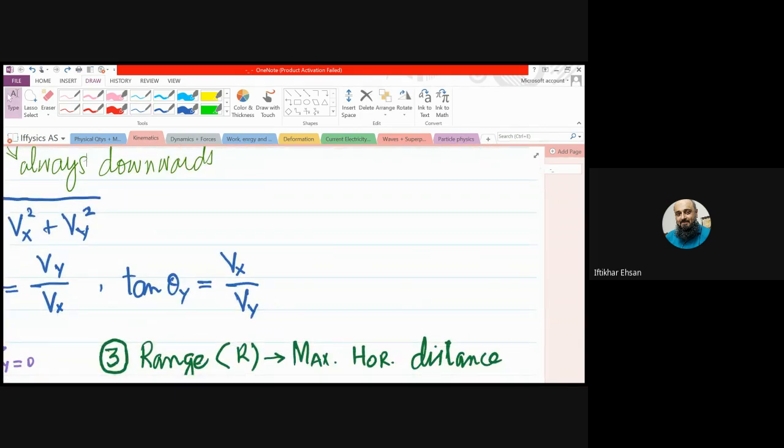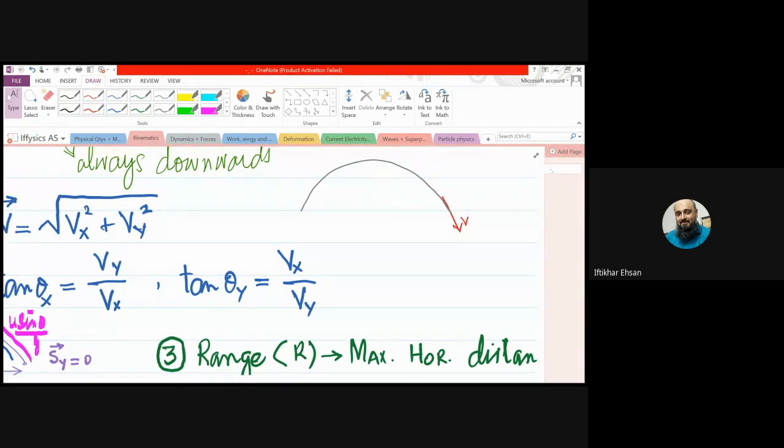What I want to say is that if a projectile is like that and you are willing to find the velocity at this position, we need to know two components. What are those components? One the horizontal and the other vertical. It will have a horizontal component and a vertical component.